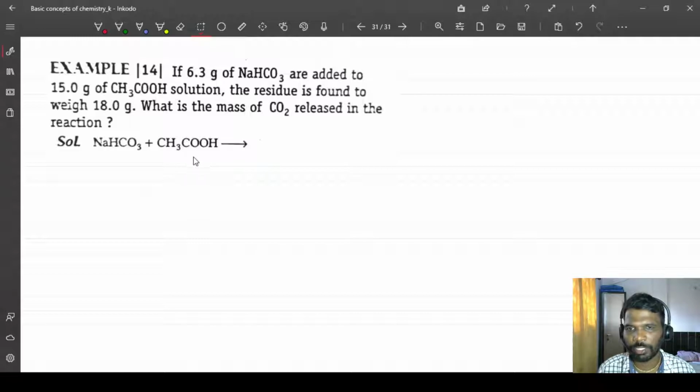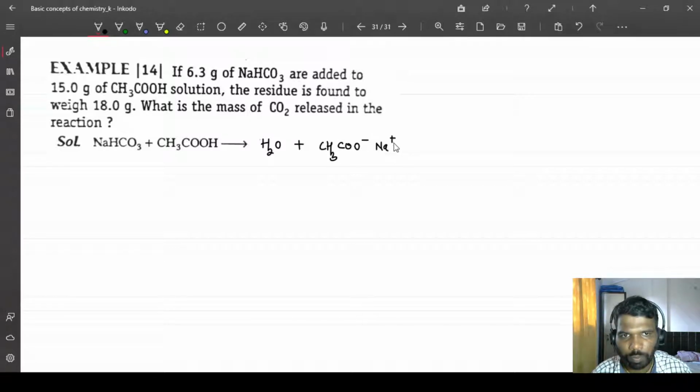Okay, this reaction is given over here. The reaction is not complete over here. I'll just complete that reaction. What reaction is it? The product will be H2O plus salt of acetate and carbon dioxide.